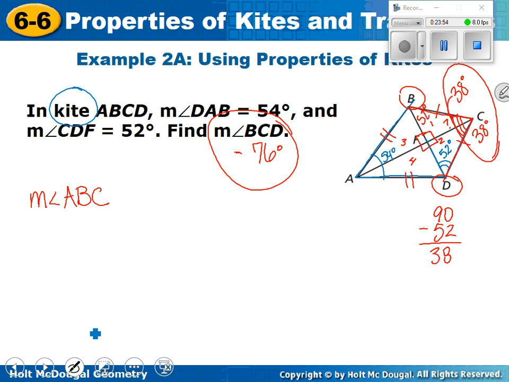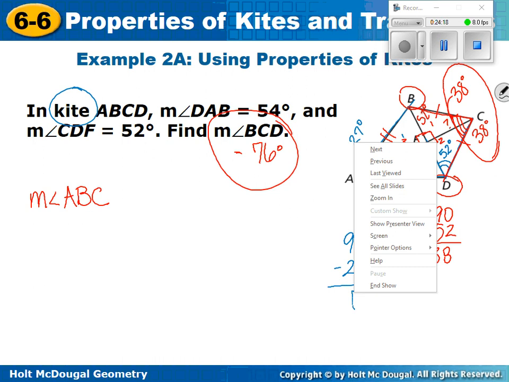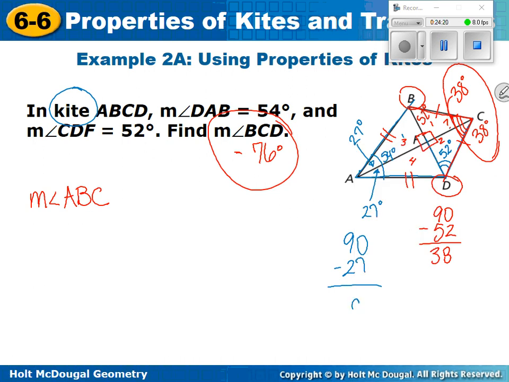So we do know this angle is bisected because these two triangles are equal. So that makes this angle half of 54, which is 27, and this angle is half of 54, which is 27. So we can do 90 plus 27 from 180, or we can just do 90 minus 27, which is 63. You guys with me?